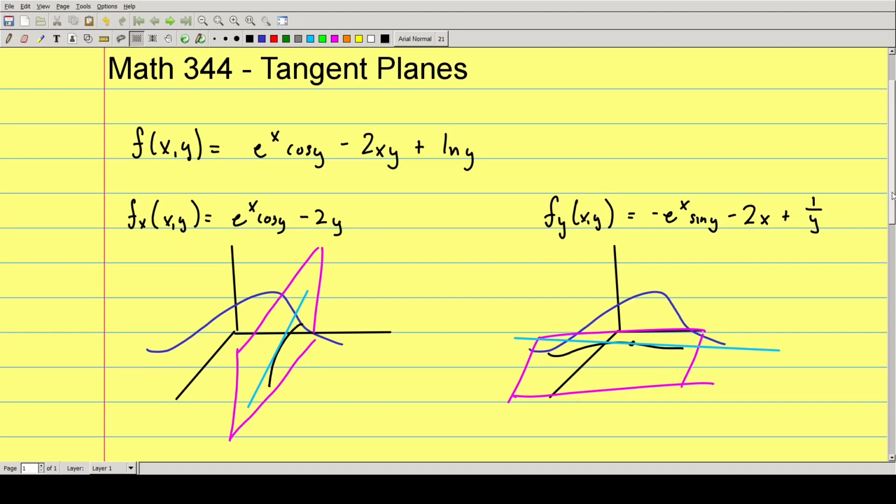All right, so that kind of stuff's going on. So that's from a theory standpoint what partial derivatives mean.